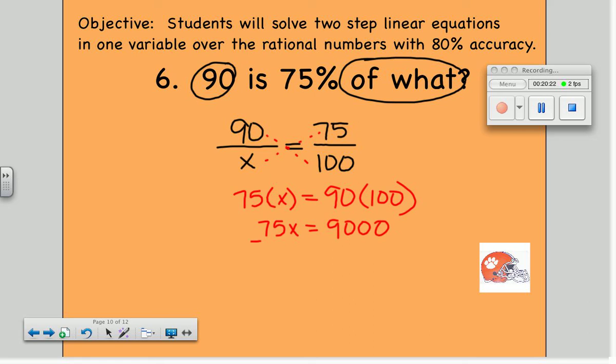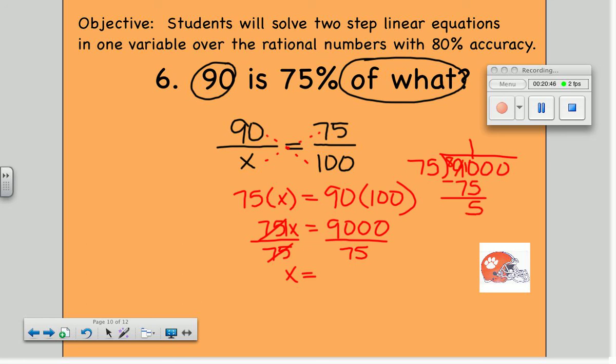Divide by 75, then you must do the same here, divide by 75. 75 divided by 75 is 1, 1 times x is x, and 9,000 divided by 75. 75 into 90, 1 time. 10 minus 5 is 5, 8 minus 7 is 1, bring down the 0, 75 into 150, 2 times. 75 times 2 is 150, subtract, bring down the 0, 75 into 0, 0 times, 0.